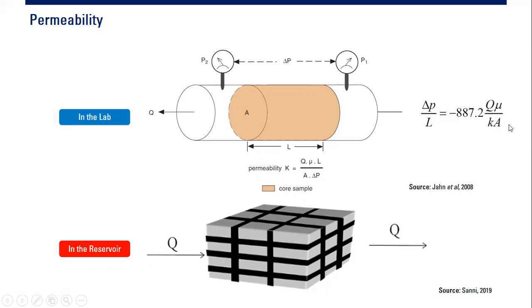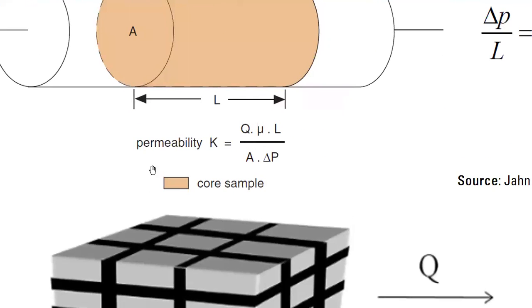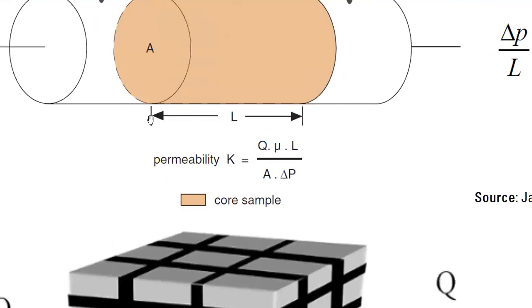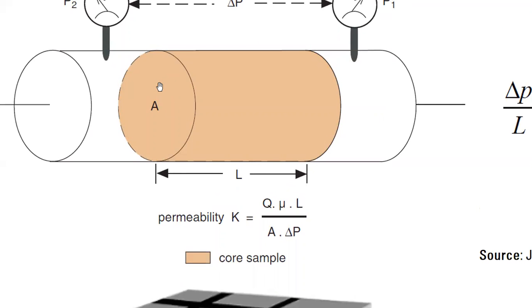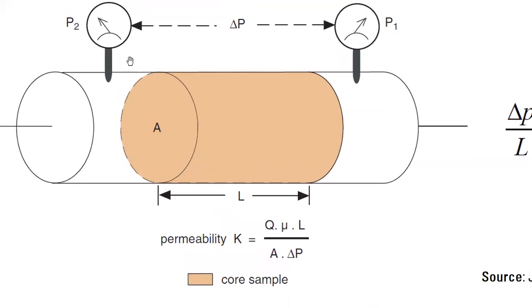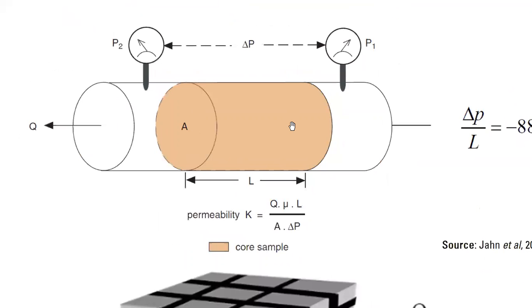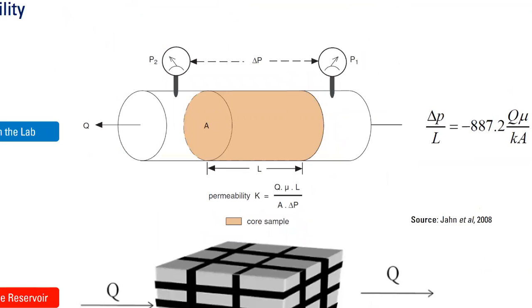And we can arrange the mathematical formulation so we can get the permeability here. So permeability is the flow rate multiplied by viscosity multiplied by the length of the core divided by the area of the flow, cross-sectional area of the pipe, multiplied by pressure difference. So that's K, permeability. So this is quite simple, permeability of this core of this rock.